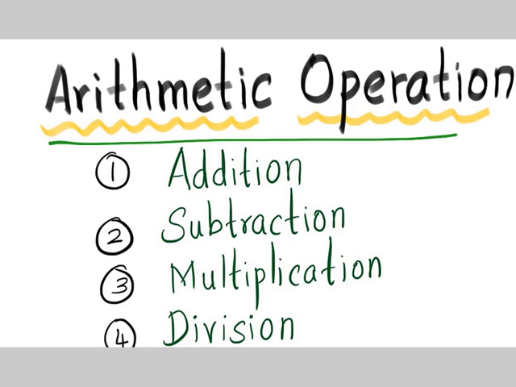Arithmetic operations. What is an arithmetic operation? An arithmetic operation is a branch of mathematics that involves the study of numbers. Operations of numbers that are useful in all the other branches of mathematics.